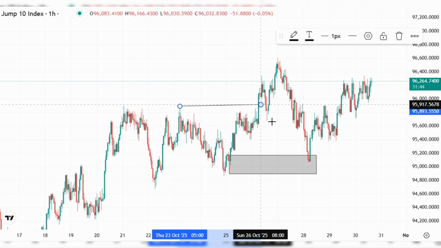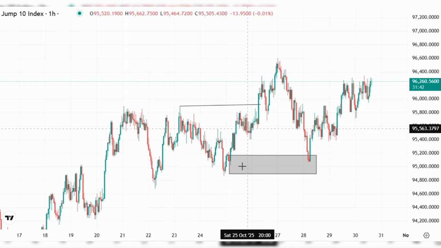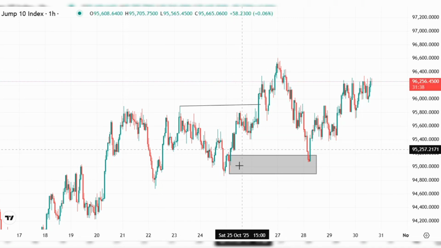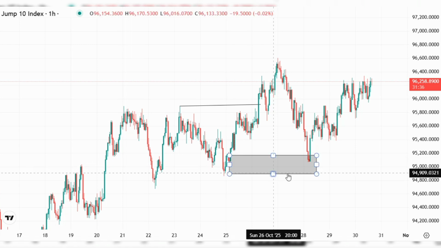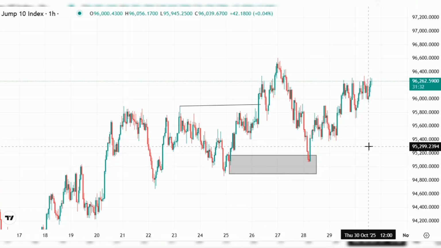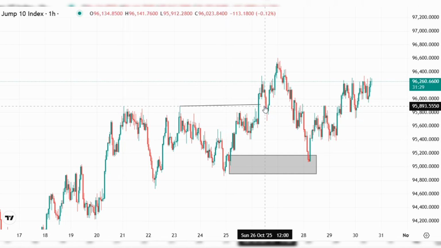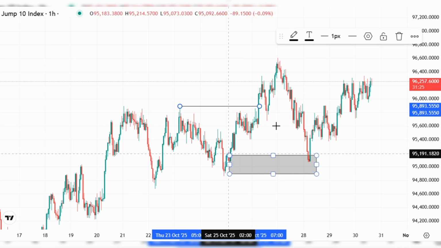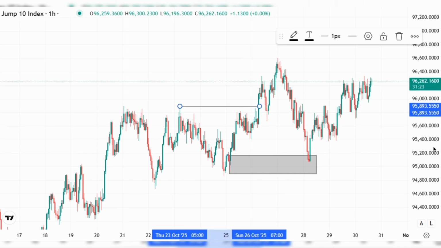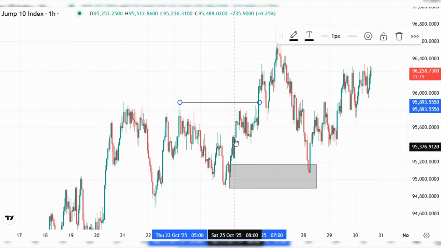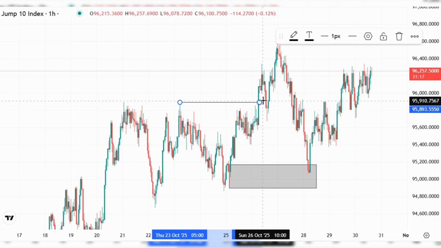Now, if you look at what happened after this BOS, we saw this huge push upward. Then price came back and retested our order block, then we saw this movement that's going up right now. So your order block must have a break of structure, a BOS, and it must also cause a major displacement. By major displacement, I mean this sudden push upward, because if you look here, the bullish candles are very huge compared to the bearish candle.